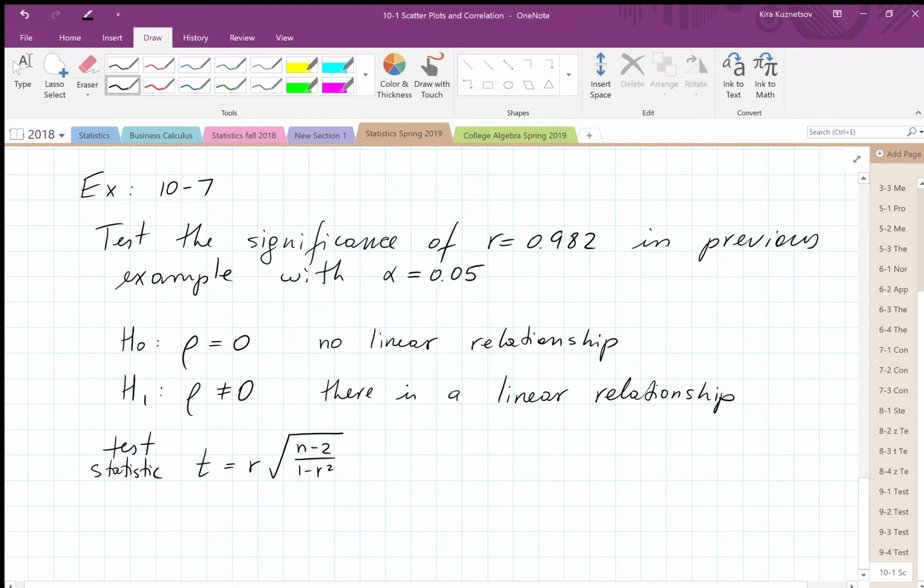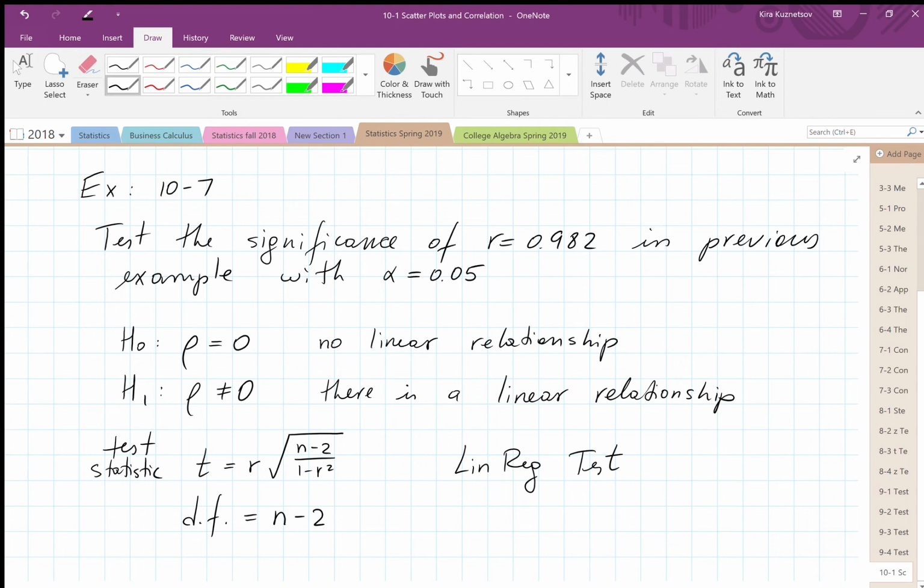This one is programmed under your linear regression test, with degrees of freedom of n minus 2. It has to do with the fact that I'm talking about two variables, the x and the y. So you take one from the x, you take one from the y. This is what made sense to me.